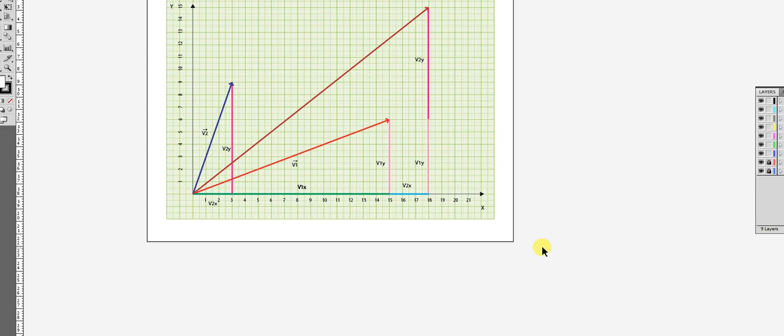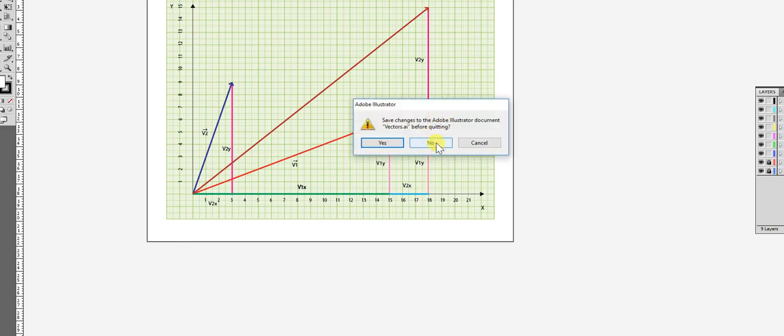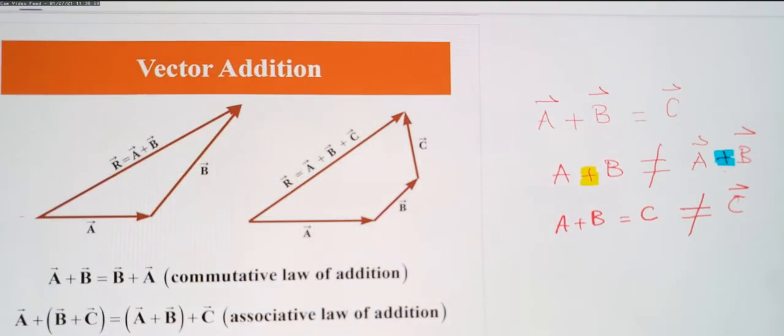So I can find the addition of my vectors using numbers without the need to draw my vector. So I will just hide it. Maybe we'll use it again.